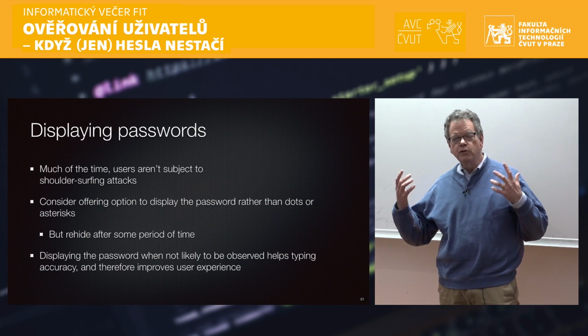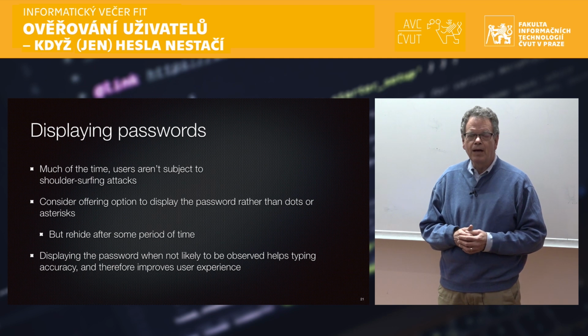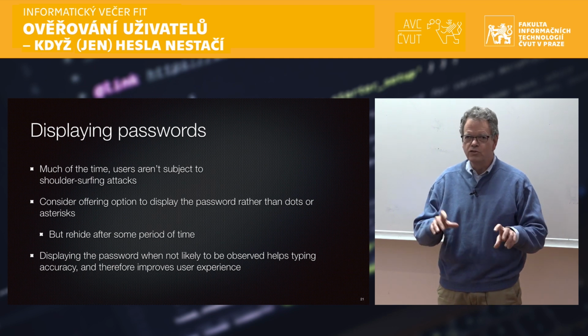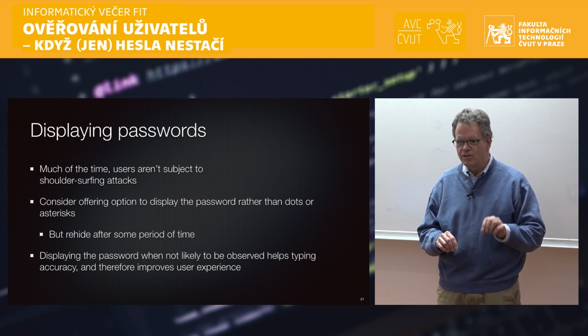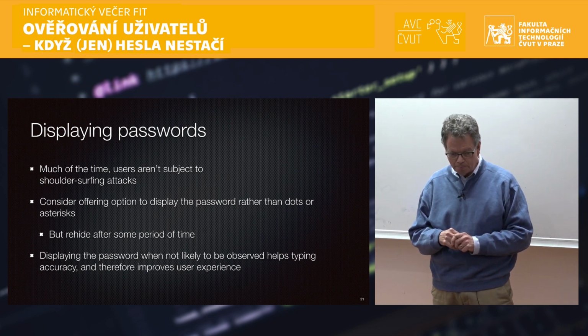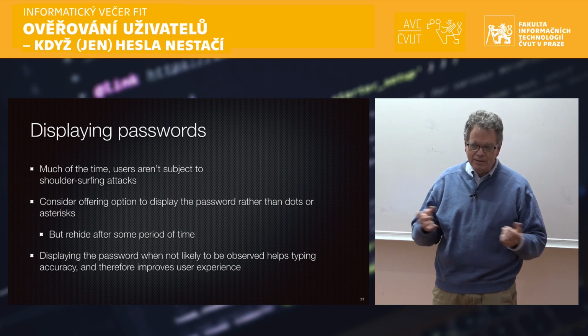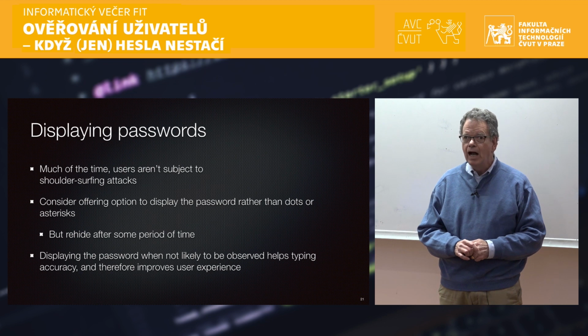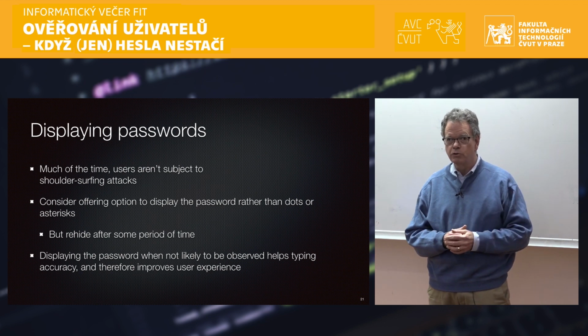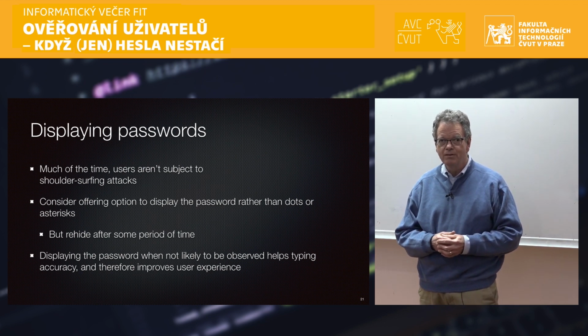Now, there are a number of user interface things that apply to passwords. You almost always don't see your password when you type it. You get dots or stars or something like that. And that's good if you think there might be somebody looking over your shoulder. How often do you think somebody is looking over your shoulder when you're entering your password?